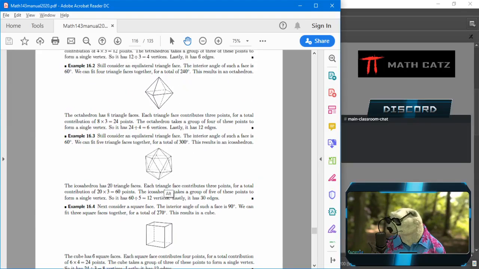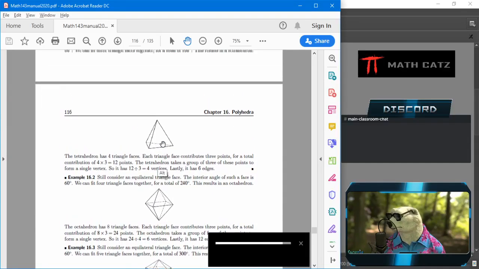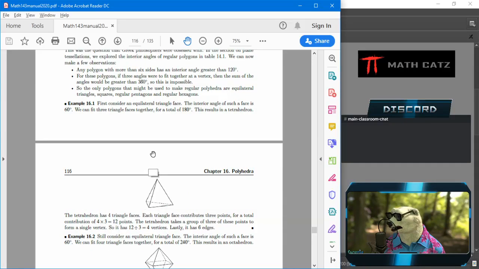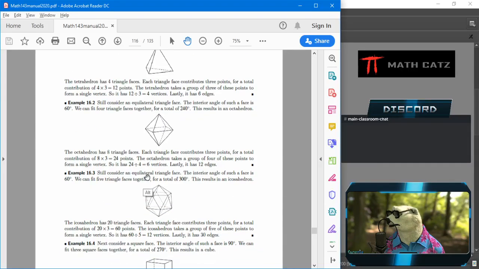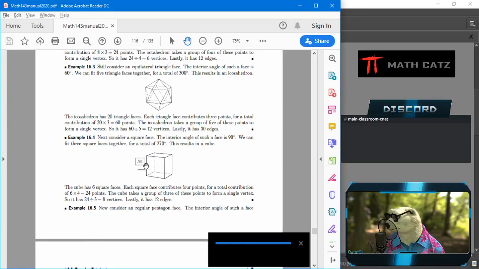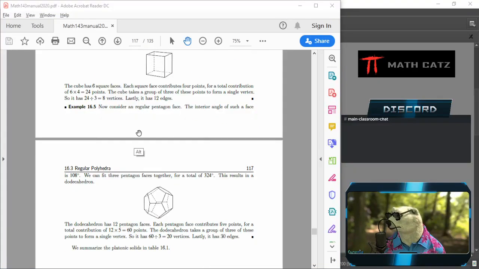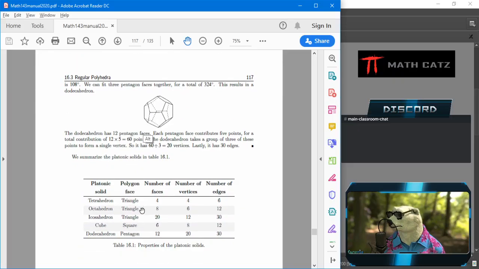So maybe these pages will be a better idea. Example 16.1, 2, 3, 4, and 5 might be better. Oh, they're summarized here. Well, there we go.